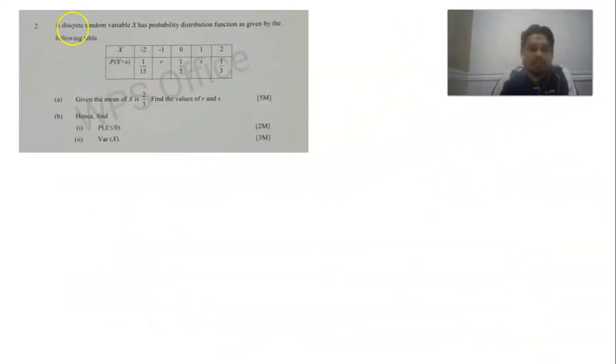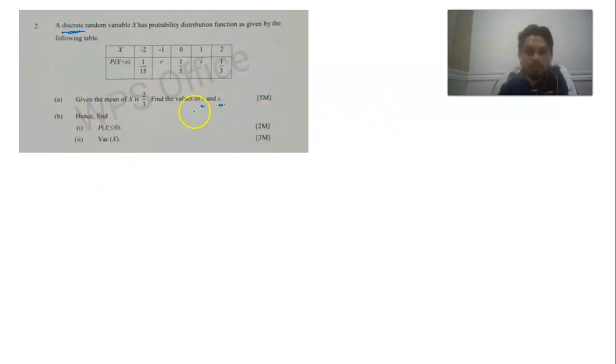A discrete random variable x has probability distribution function given here, and given the mean of x is 2 over 3. Find the values of r and s. Okay, so mean.